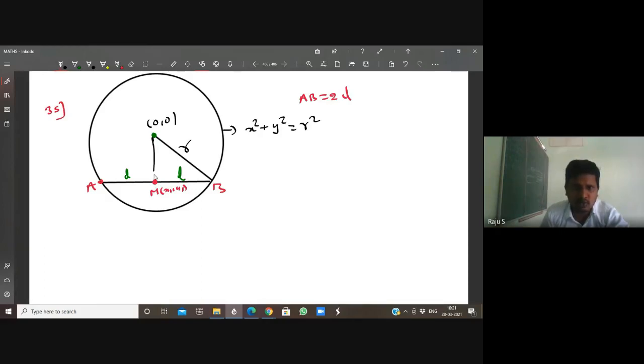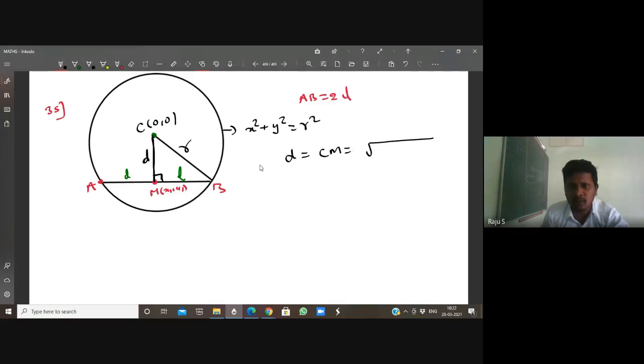If I join, this will be a right angle. Is it right angle or not? This is L, this is r. I'm taking small d here, the distance between center C and M. So d is equal to CM.